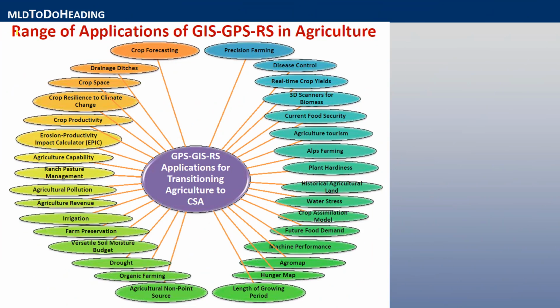And these are the range of applications of geographic information system, global positioning system, and remote sensing in agriculture. First is precision farming. You can use them for disease control, for crop forecasting, and there are a lot of other areas like pollution and irrigation. You can use these technologies.